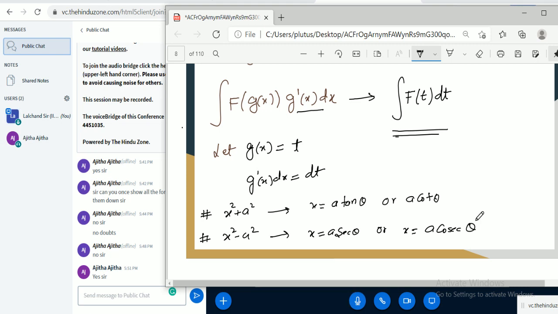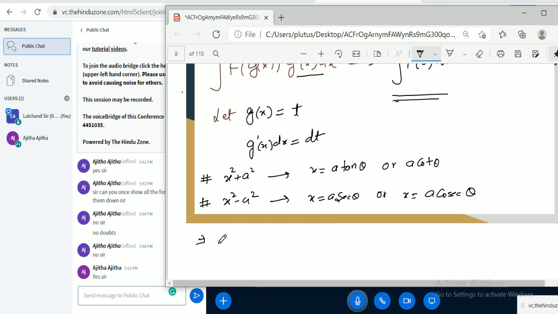Okay. These are a few basic substitutions. If we have a form like a square minus x square, then what will be the substitution for x? So x can be let as x equal to a sin theta or a cos theta. Okay.